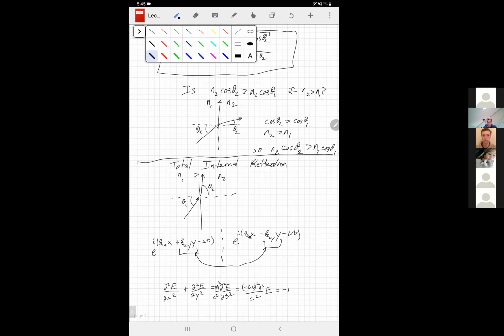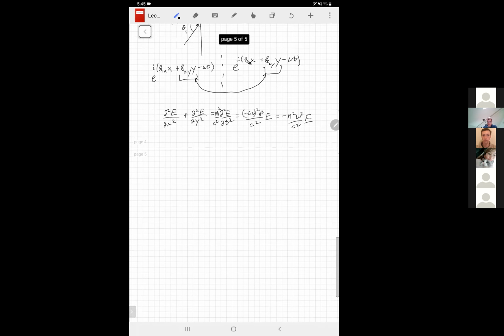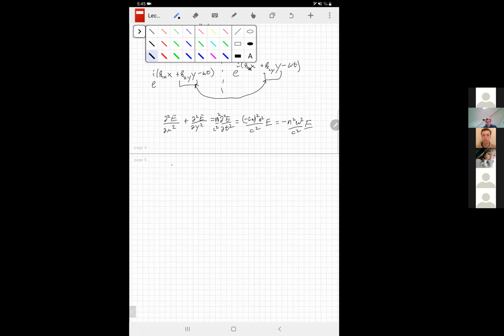So that's just minus n squared omega squared over c squared E. All right, well, that means that kx squared plus ky squared equals n squared k naught squared.